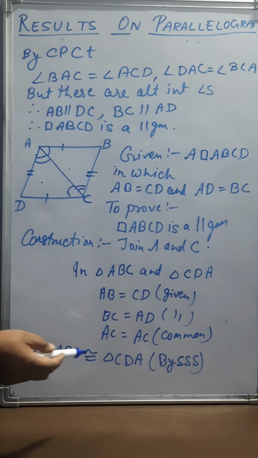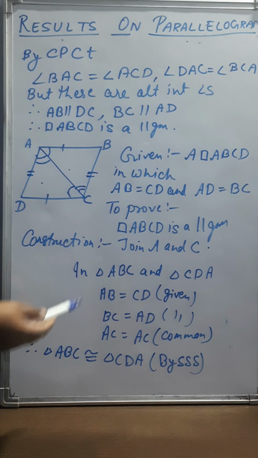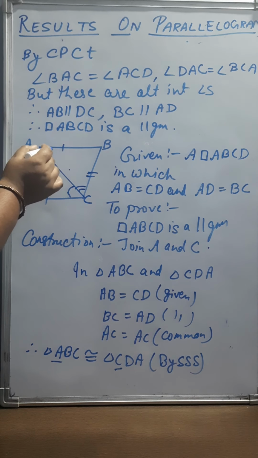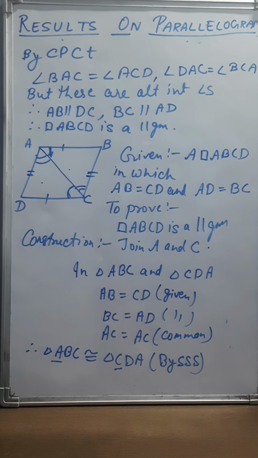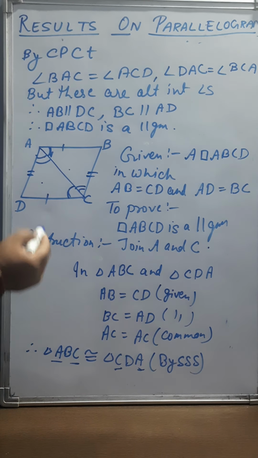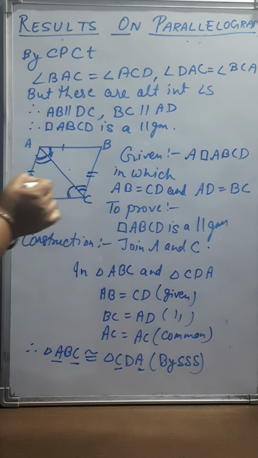Now, after proving these two triangles congruent, if we apply CPCT, angle A of this triangle will be equal to angle C of this triangle. This means angle BAC will be equal to angle ACD. Similarly, angle C of this triangle will be equal to angle A of this triangle. So we can write angle DAC will be equal to angle BCA.